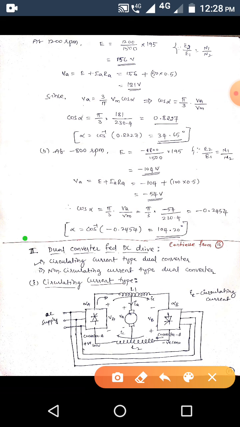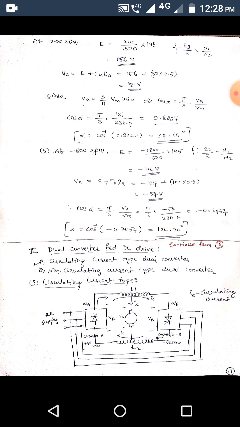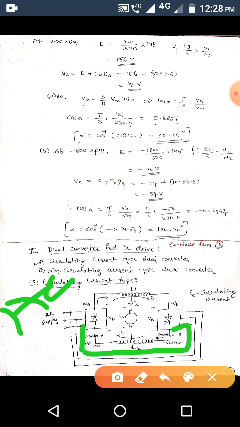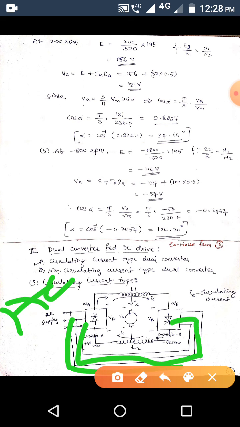So let us consider two converters, converter 1 and converter 2, or converter A and converter B, and these converters are connected to the AC mains supply.